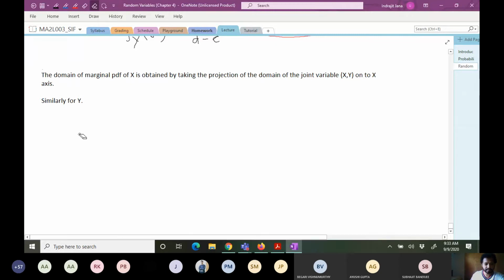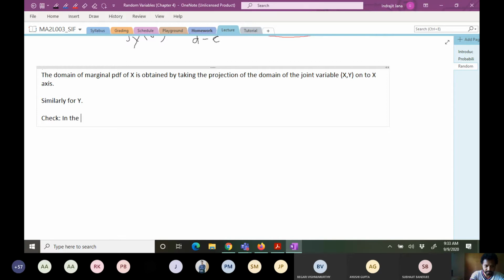And by the way, in the above example, x and y are independent. Check: in the above example, the joint PDF is the product of the marginal PDFs.